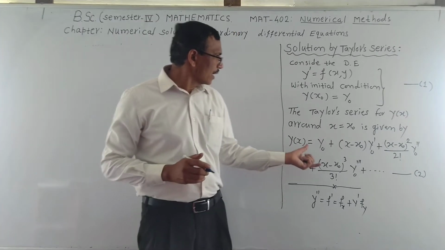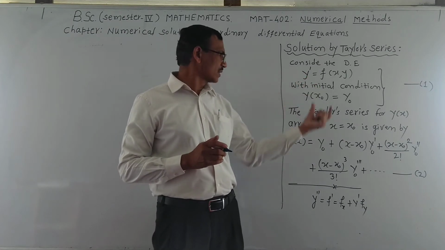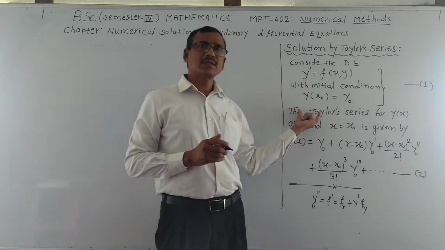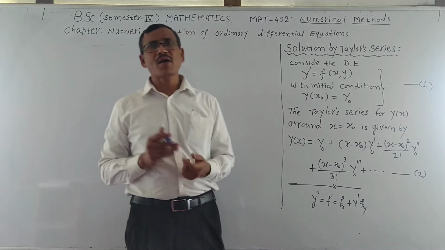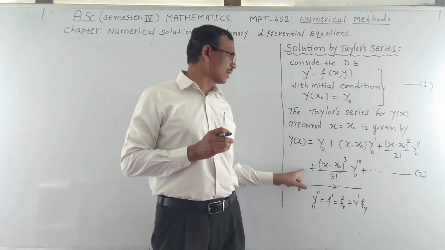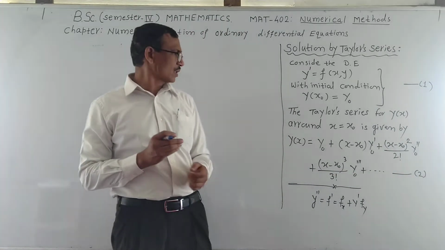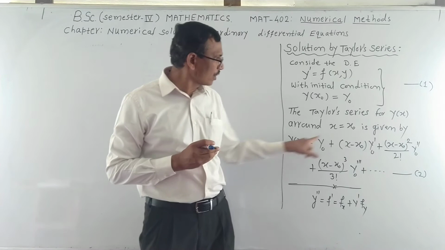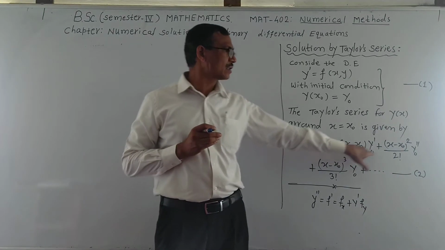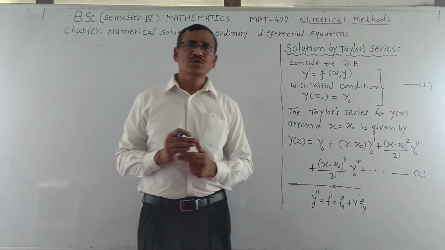Now in equation 2, to solve the problem in equation 1, we shall consider the Taylor series for the function y of x around x is equal to x0, which is given by equation 2. Now in equation 2, we shall put the values of y0 dash, y0 double dash, y0 triple dash and so on.